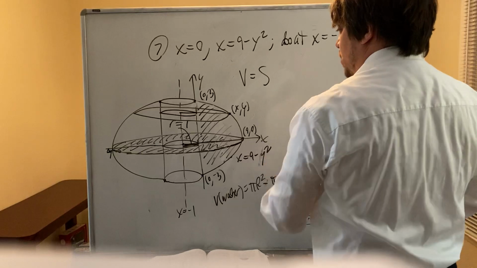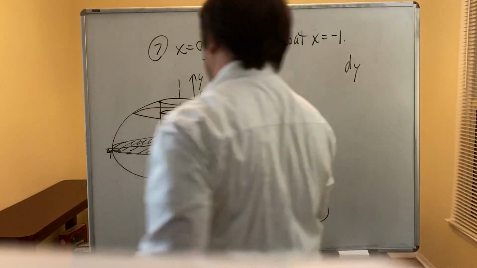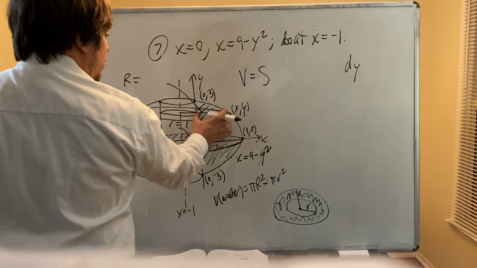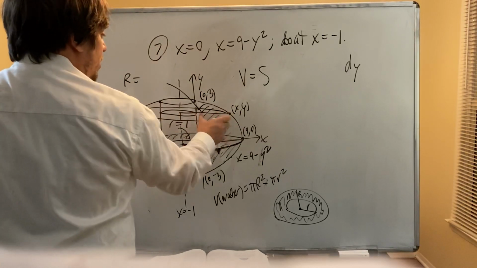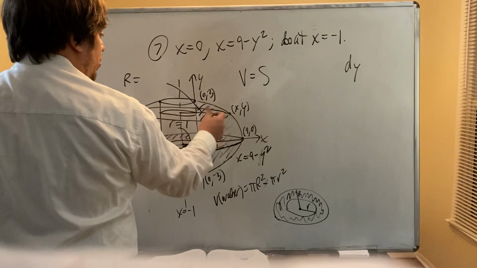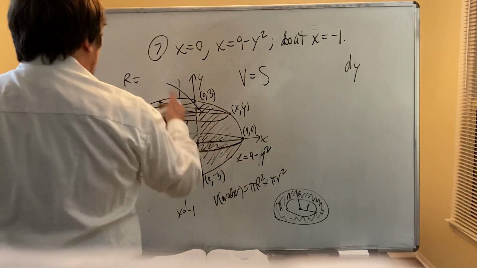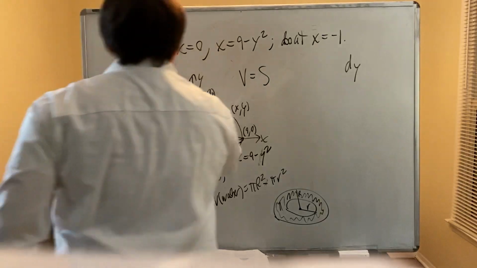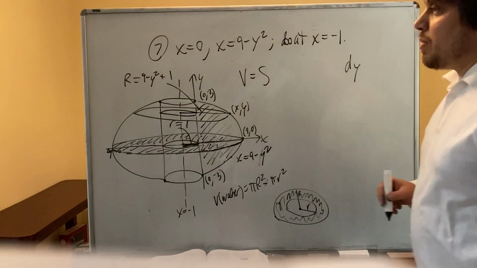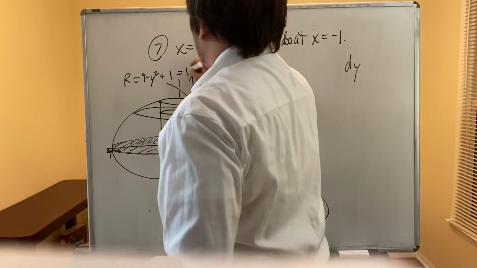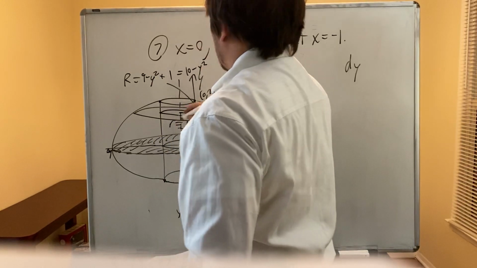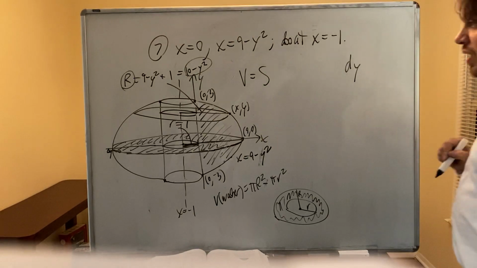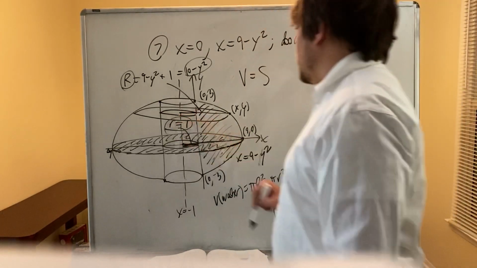So capital R is equal to the horizontal distance of the point, the x coordinate of the point, which equals 9 minus y squared, plus 1. And so capital R is 10 minus y squared, and the little radius is 1.